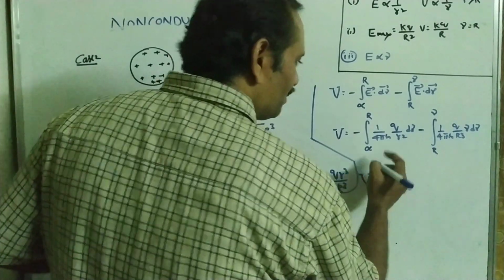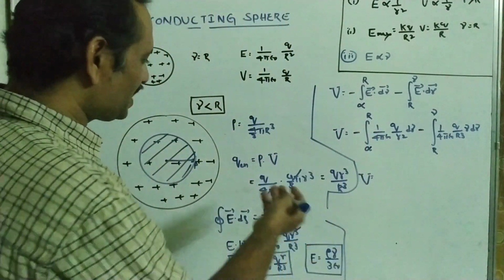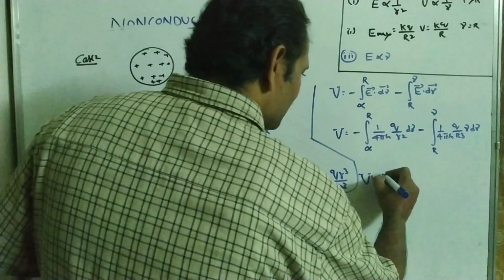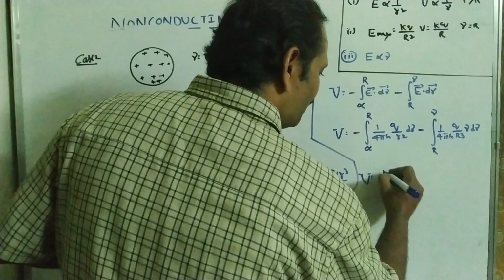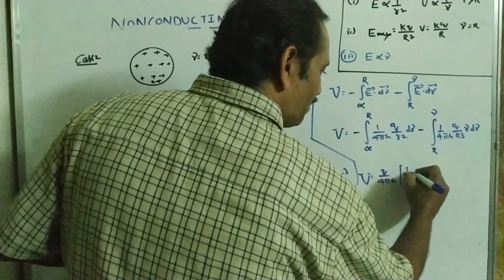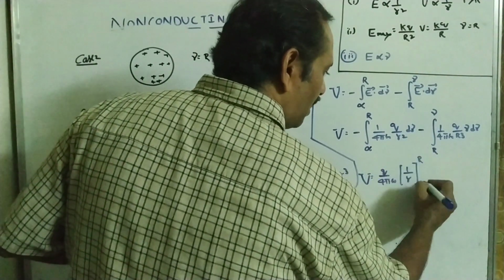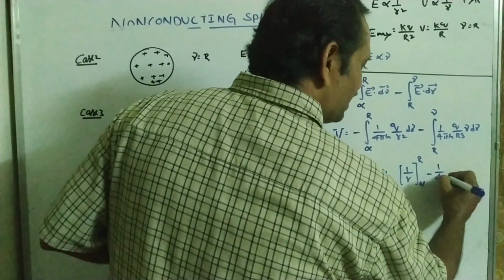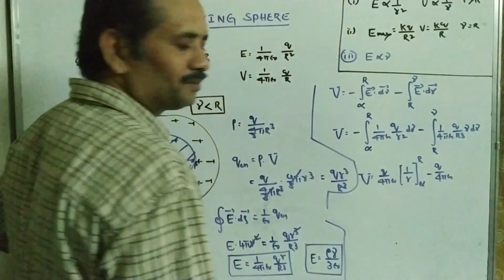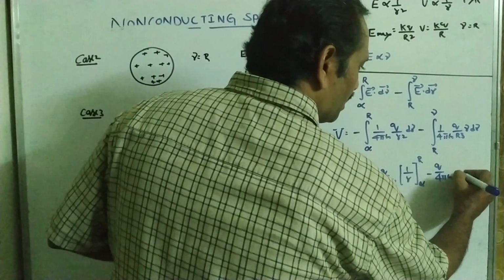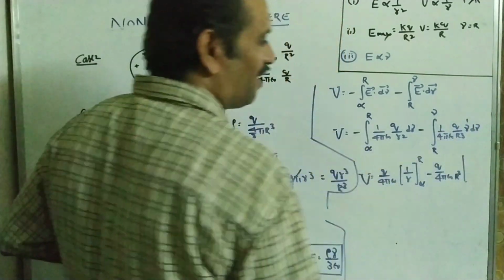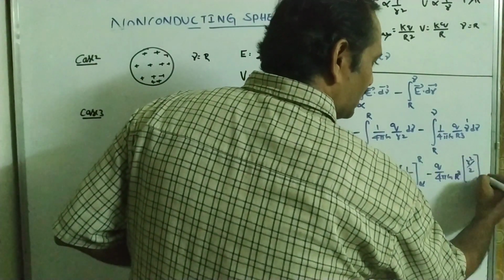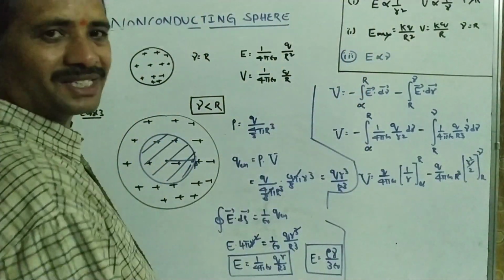The integral of 1 by r square is minus 1 by r, so 1 by 4 pi epsilon 0 q into 1 by r from capital R to infinity, minus 1 by 4 pi epsilon 0 q into R cube, integral of r dr is r square by 2, with limits capital R to small r.